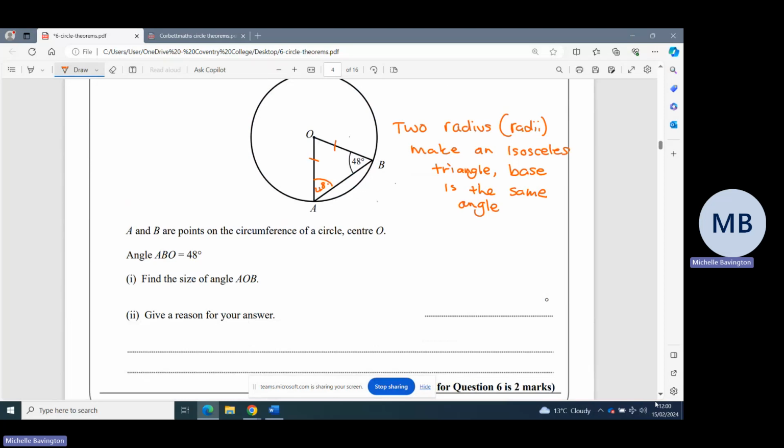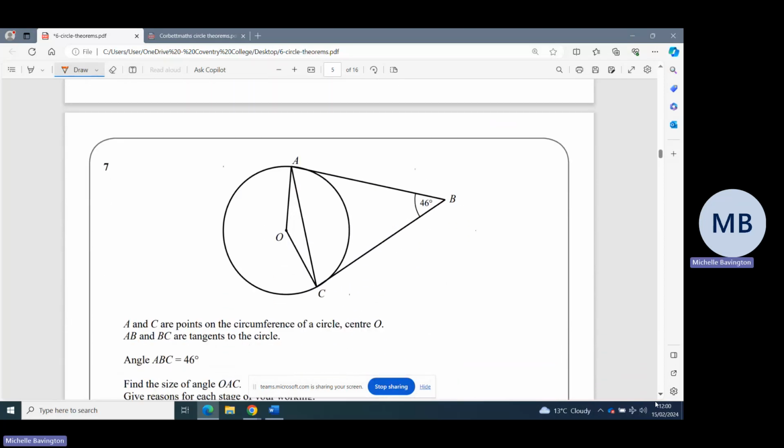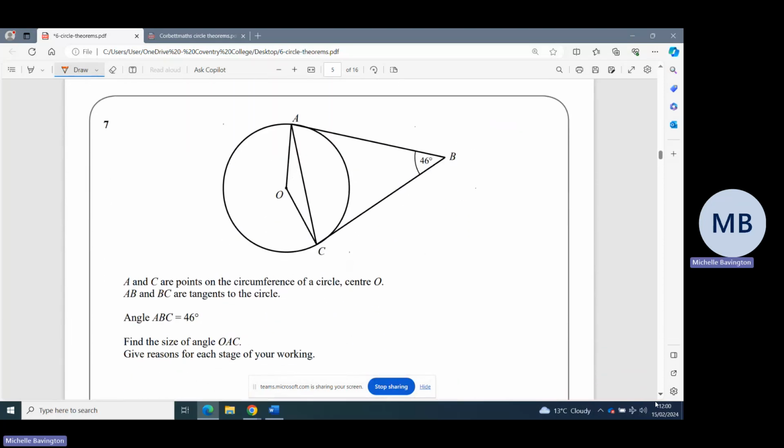Right, next one. So we're kind of just applying it. Oh gosh, this looks a bit complicated, but let's use our rules. 2 tangents from the same point are equal.